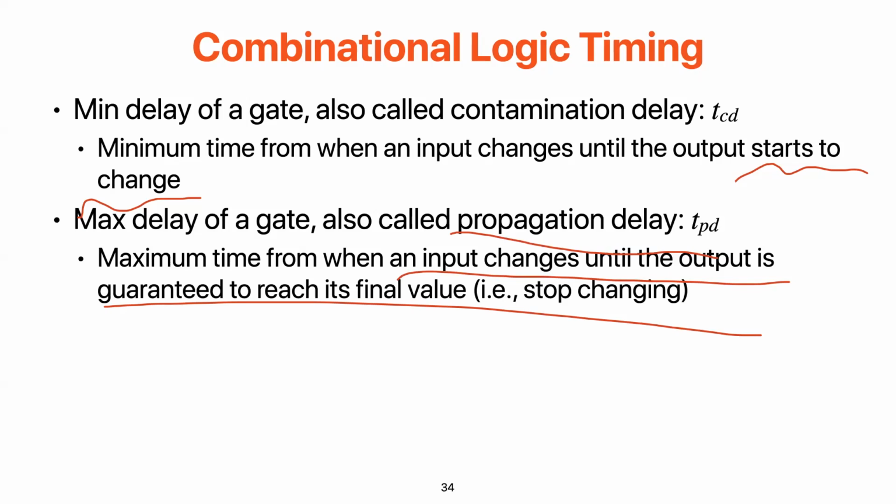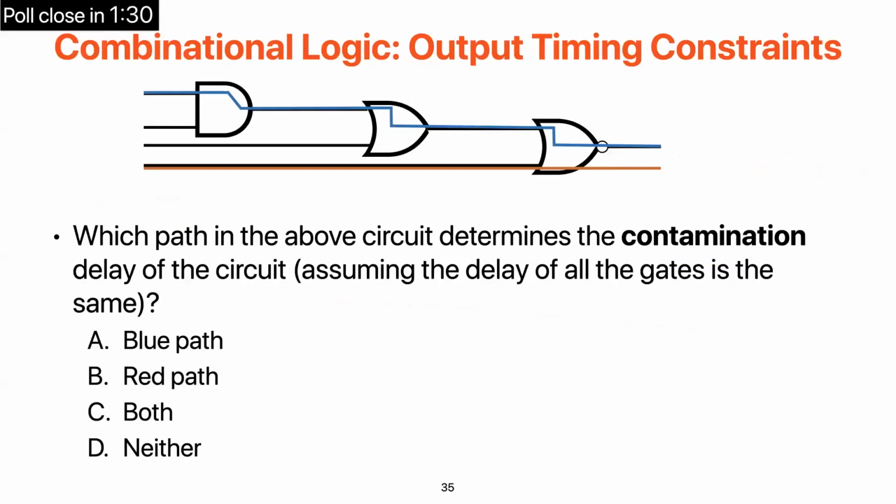That's called propagation delay. So these are two types of delay. And through my verbal explanation, you probably don't quite get the difference between these two delays. So why don't you just look at this simple question and throw your answer to me really quick to see if you understand what contamination delay is.